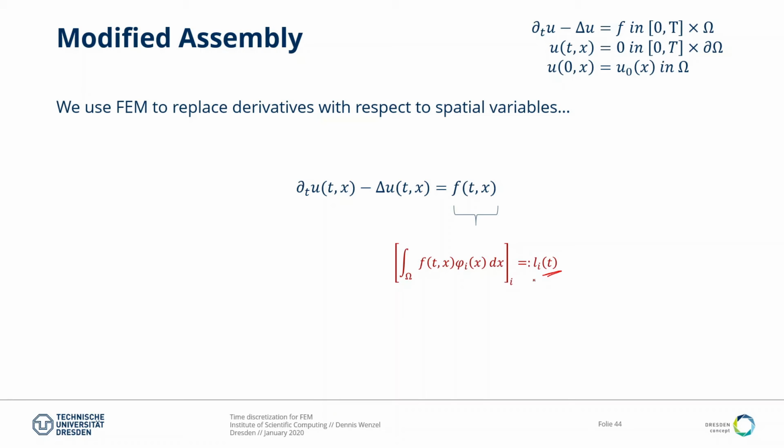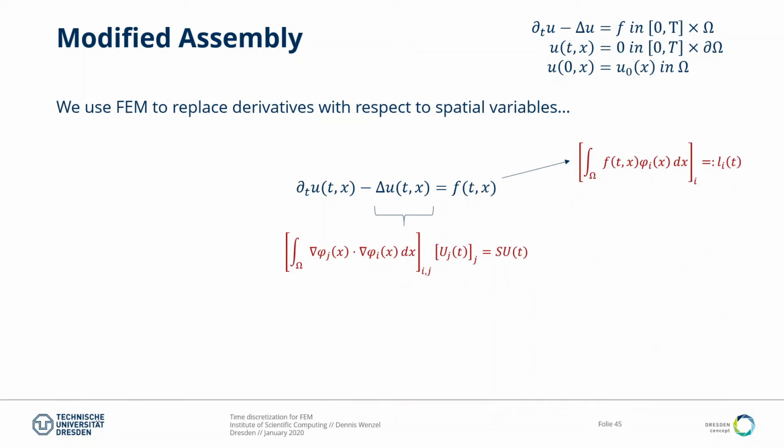That's why you have an L_i of t here now. But the rest stays the same. At a certain time point, you always have to think about a discretized version already. If I have fixed a certain time, my f is just a function of x, and I can do my standard assembly process, multiply with phi, integrate, and so on. So everything is the same if you keep some constant t, and that's what we're going to do later on.